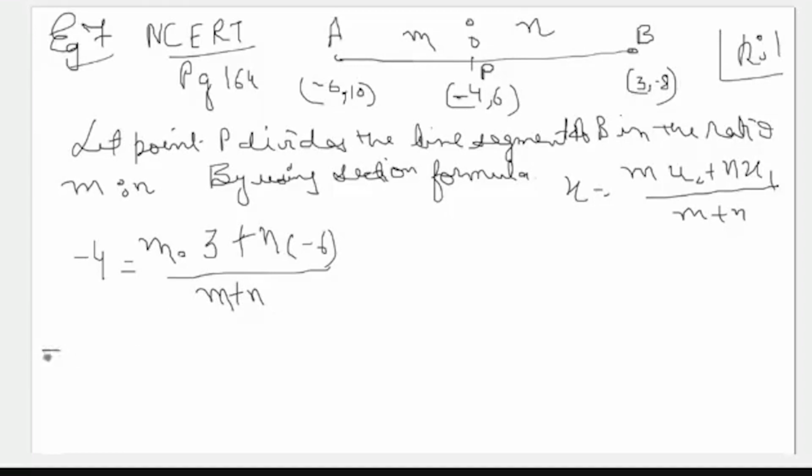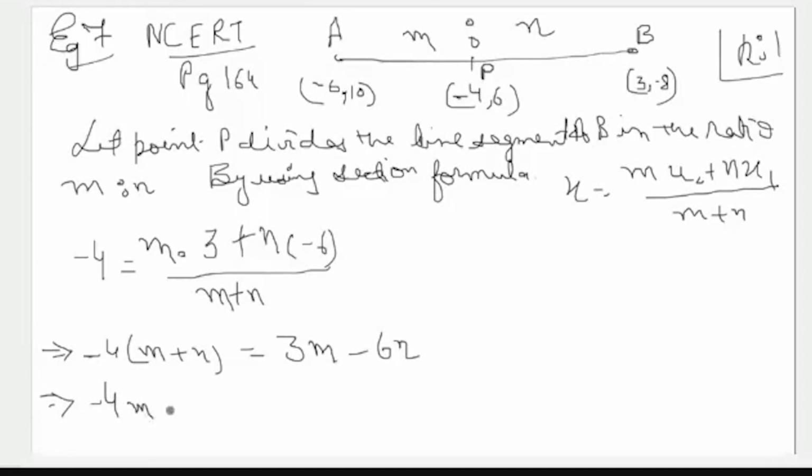Now simplify this. We'll get -4 times (m plus n) is equal to 3 times m minus 6 times n. So this implies -4m minus 4n is equal to 3m minus 6n.